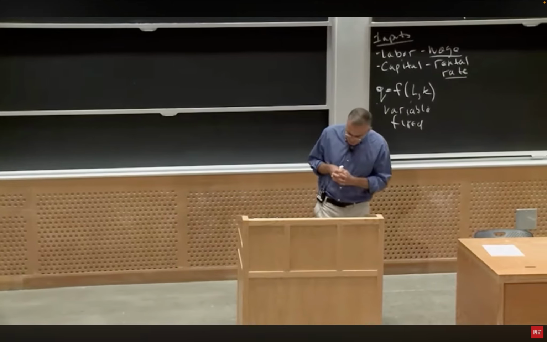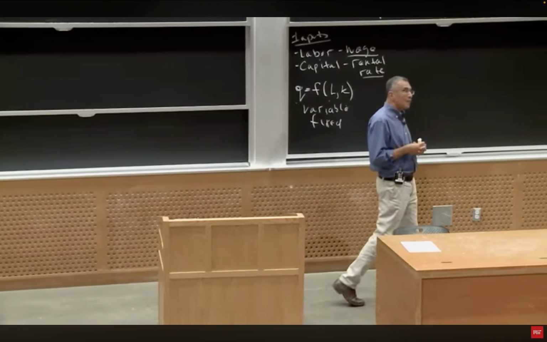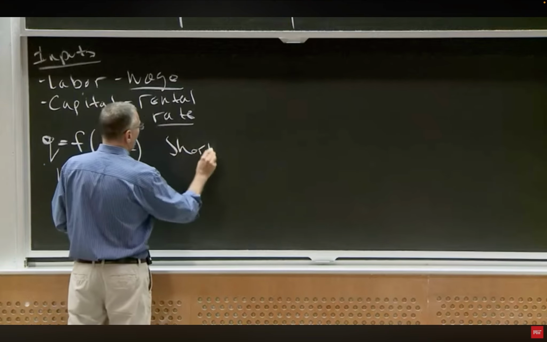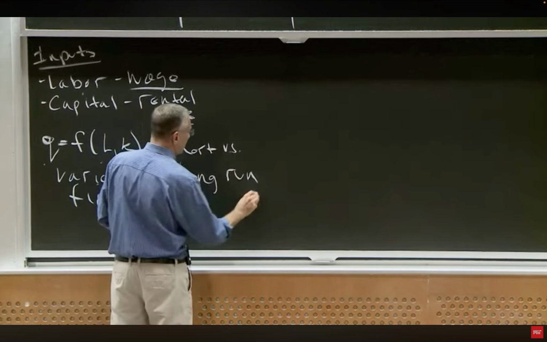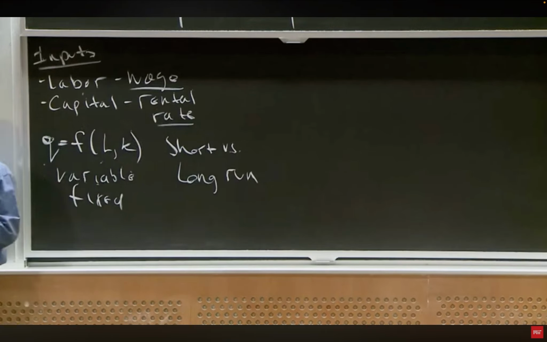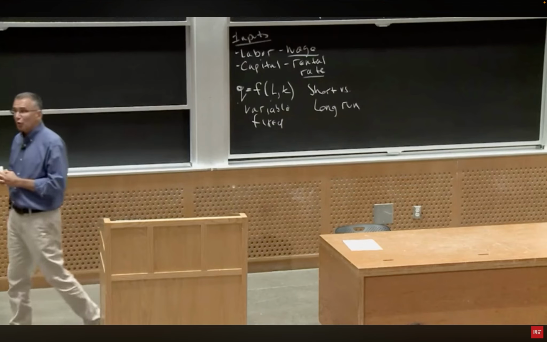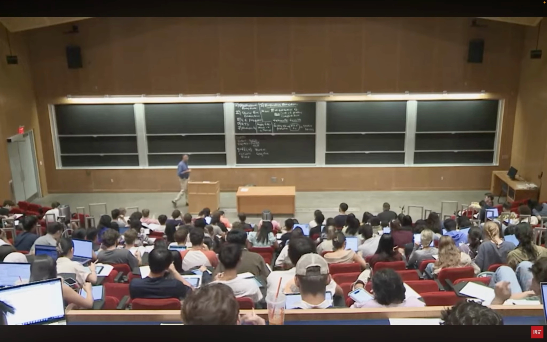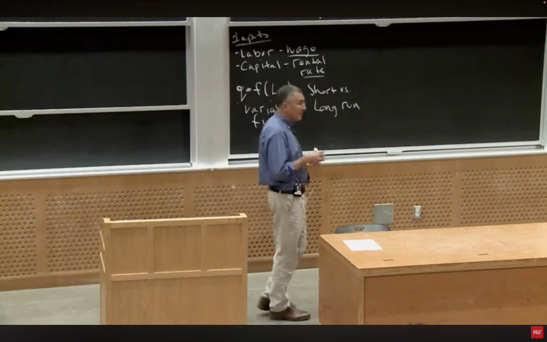So the key distinction between whether an input is variable or fixed is whether you're talking about the short run or the long run. The short run is defined as a period of time over which only some inputs are variable and others are fixed. The long run is defined as a period of time in which all inputs are variable. That's the definition.